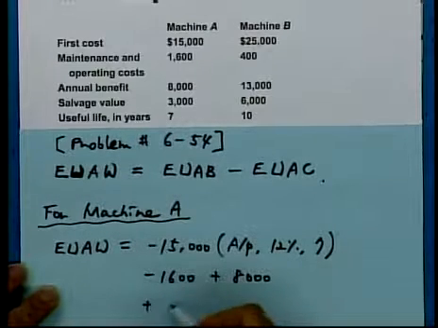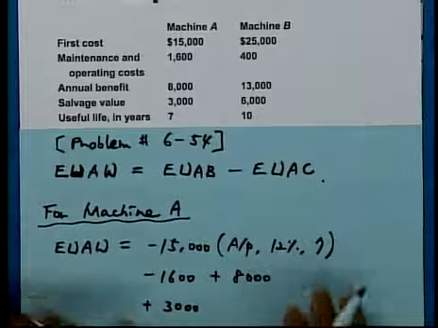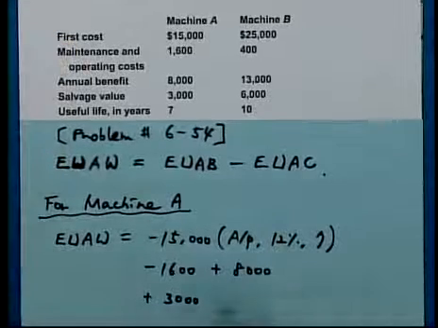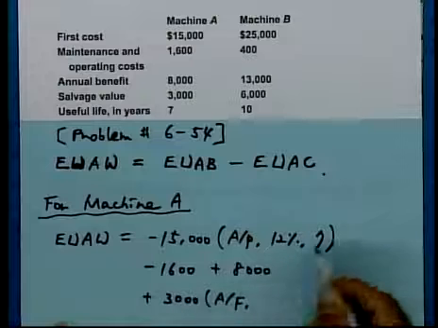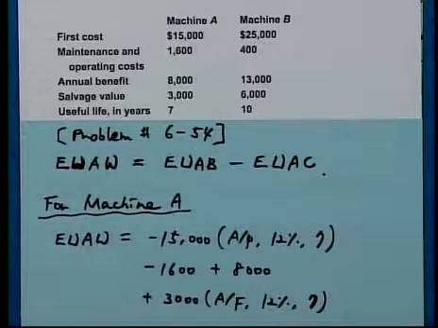So plus $3,000, but this number 3,000 should be converted to equivalent uniform annual benefit. So you need to multiply by A given F, 12% over 7 years. Okay?